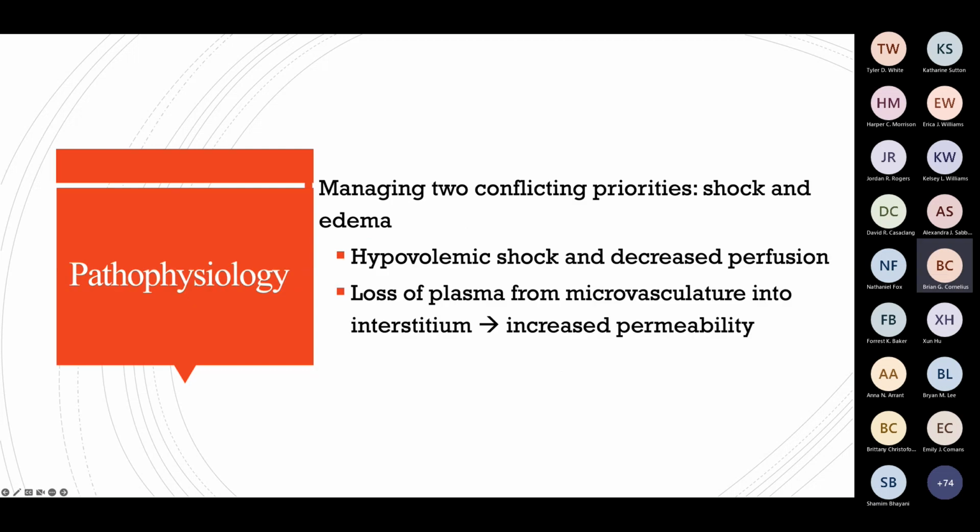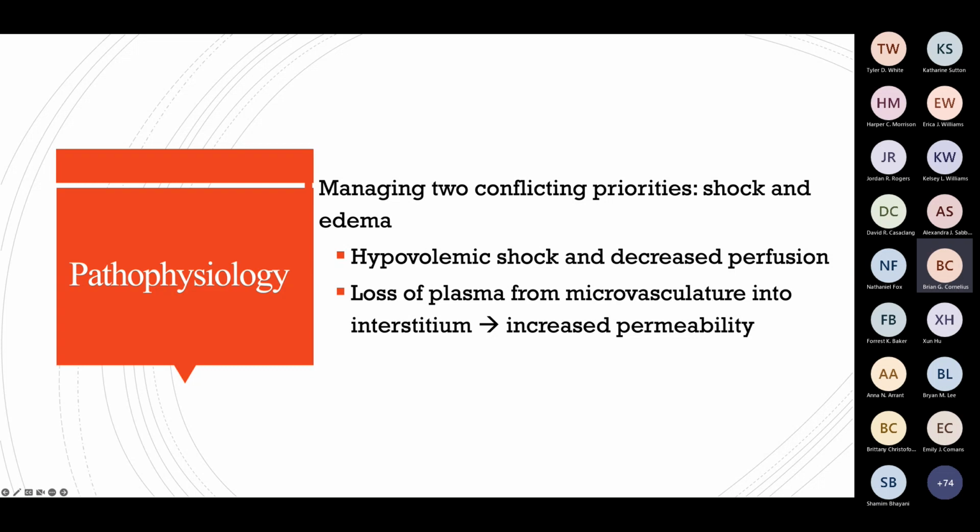All right, so we're going to move on a little bit from estimating, and talk about the pathophysiology and what actually happens in these patients. As you start looking at these injuries, you have two conflicting priorities: you have shock, but you also have edema. What you see is that they develop a relative hypovolemia and decreased perfusion because they've lost so much plasma out of their microvasculature into the interstitium.